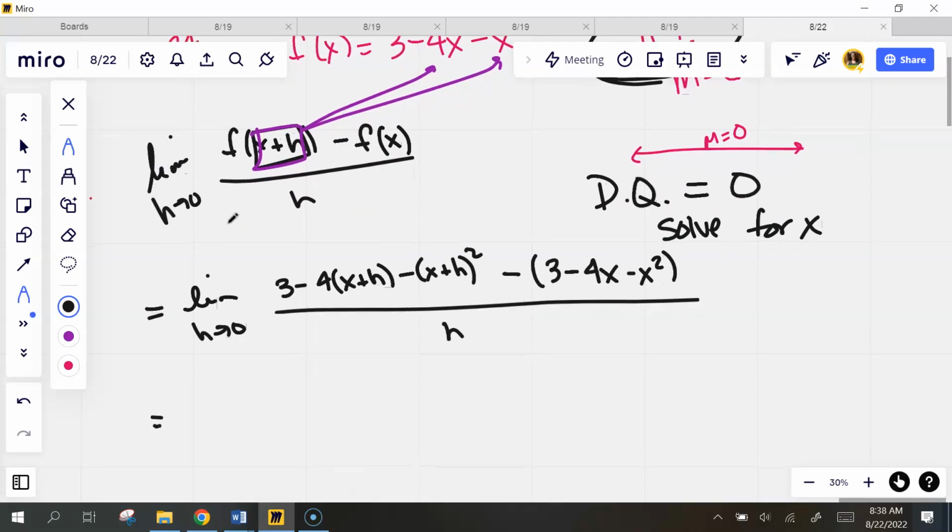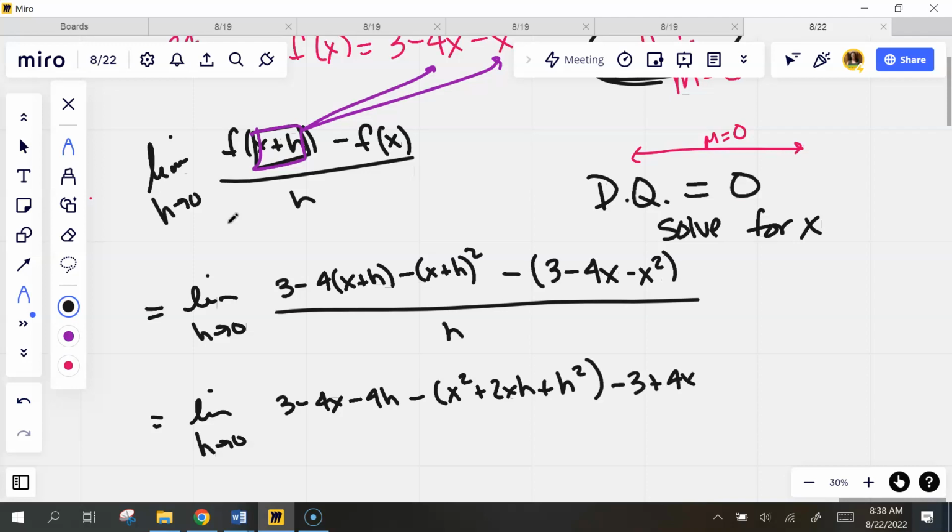Okay. The limit as h goes to 0 of 3 minus, now I'm just bogged down in all this algebra. Minus, I'm going to FOIL that out, but I'm subtracting everything that's FOILed there. So x squared plus 2xh plus h squared minus 3 plus 4x plus x squared.